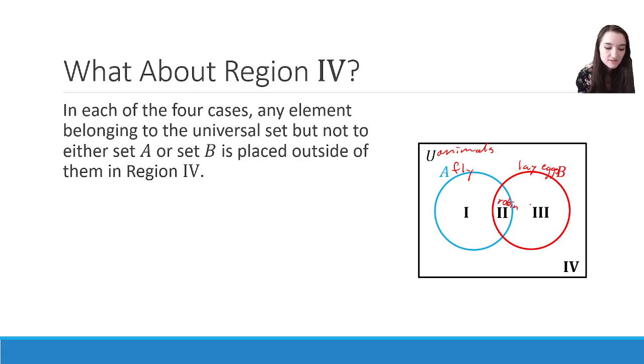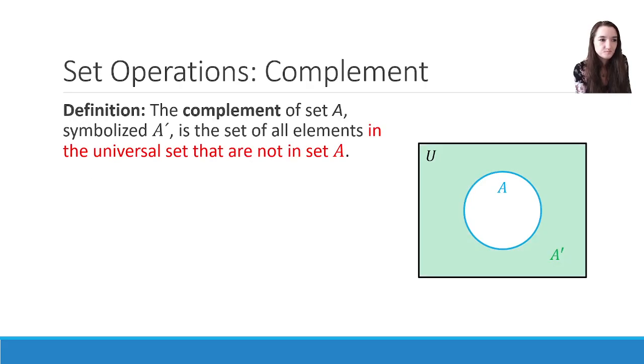Something that lays eggs but does not fly could be a fish. Something that flies but does not lay eggs would be a bat. And then something that's in neither of those, it doesn't fly, it doesn't lay eggs, could be like a cat. So that's how we could fill this out, right? And there are plenty of other elements that can go in each of these areas, but this is just an example of one thing that could help fill out this example.